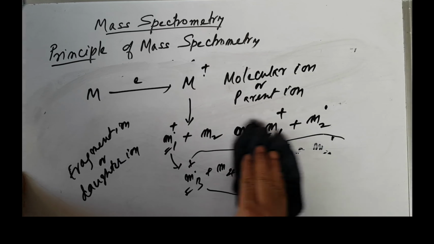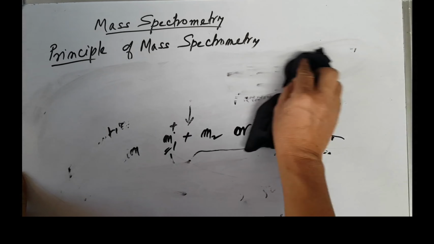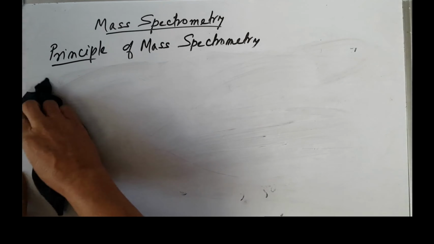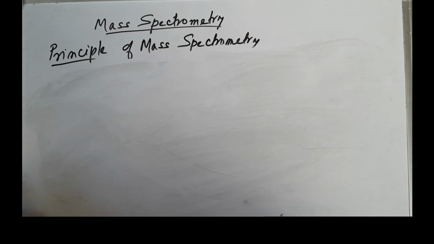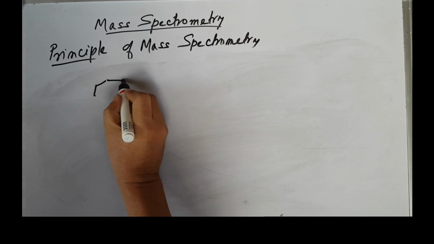Now I will give some examples to see how electrons are knocked out from neutral molecules. Let's say benzene. This is neutral benzene, a neutral species.